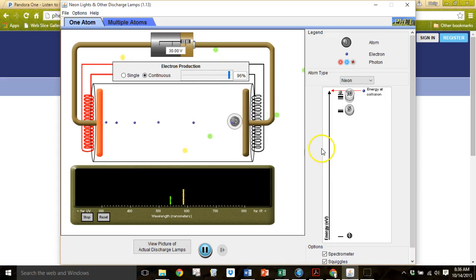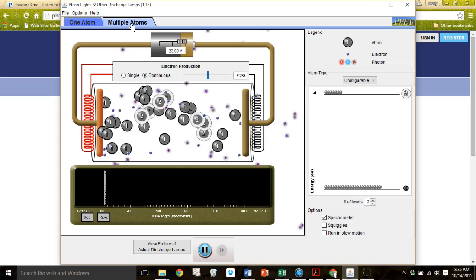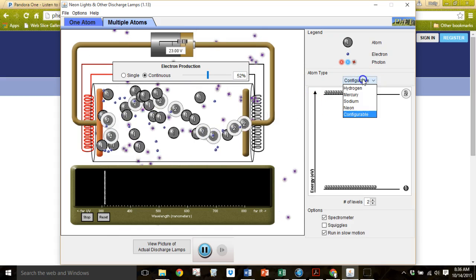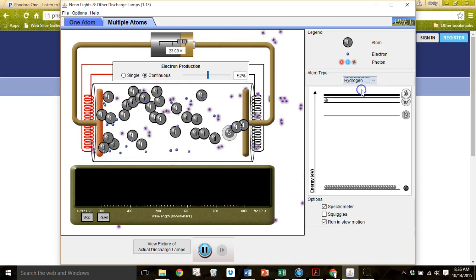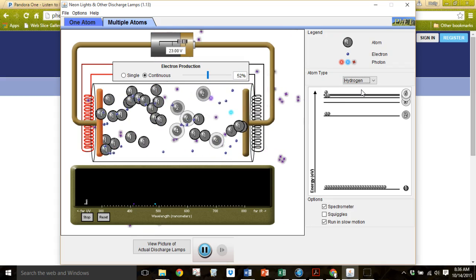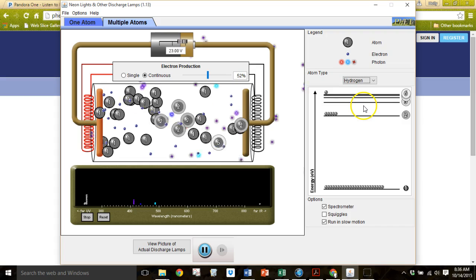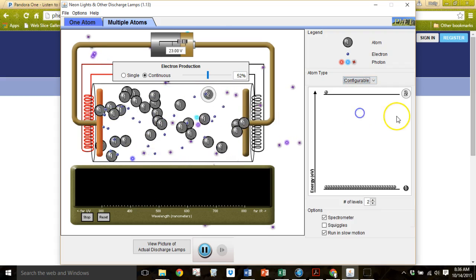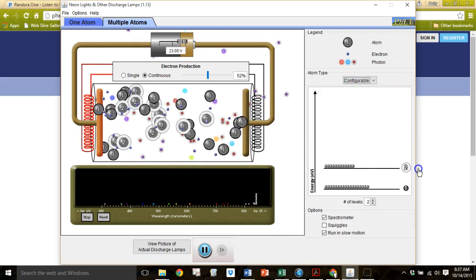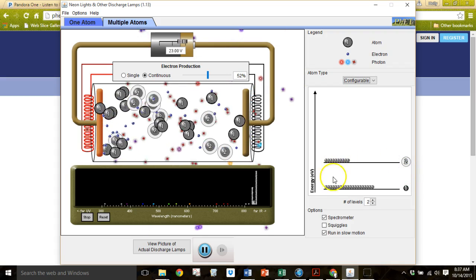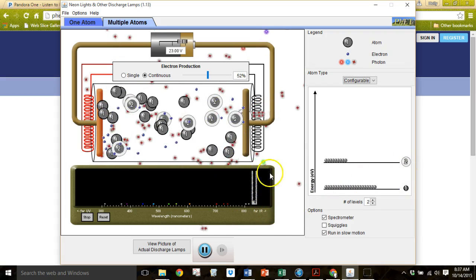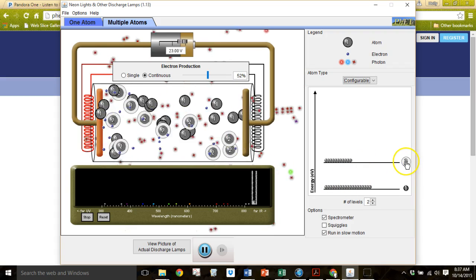Oh, the next section, the multiple atom tab. There are energy levels very close to the ground level state, so that should help us answer number 2. Notice this when I move these down closer.